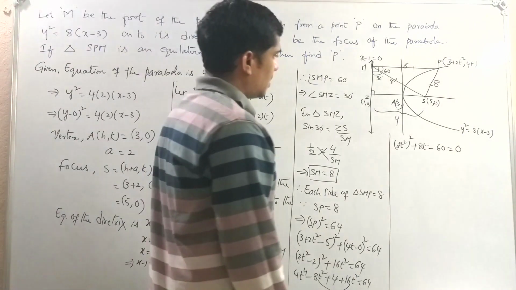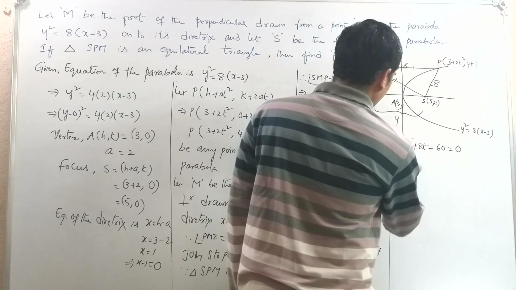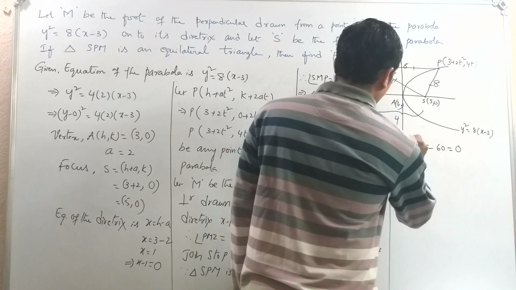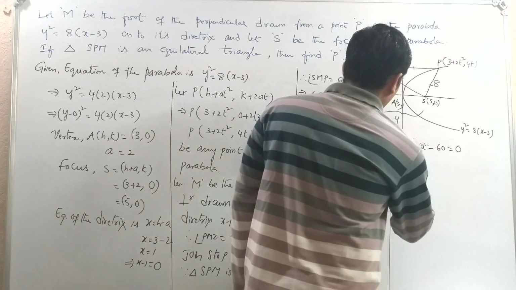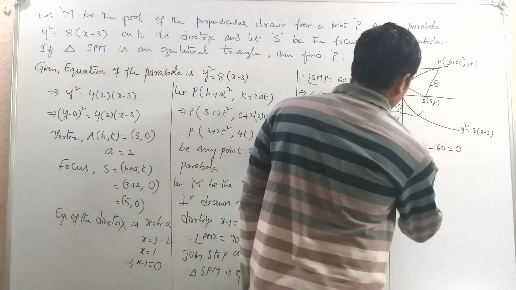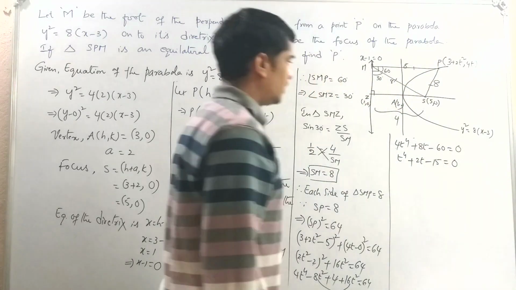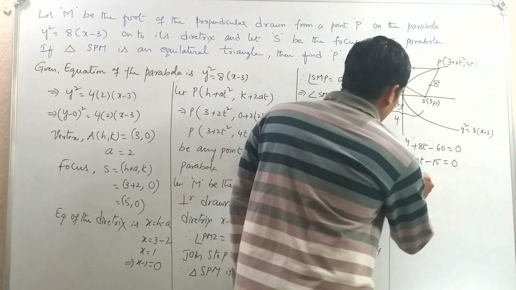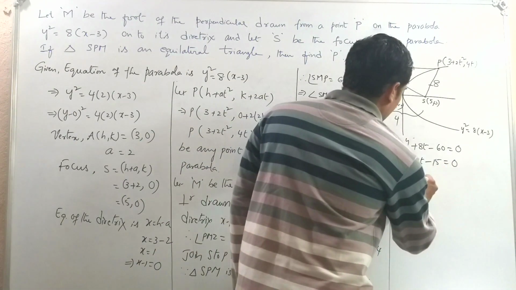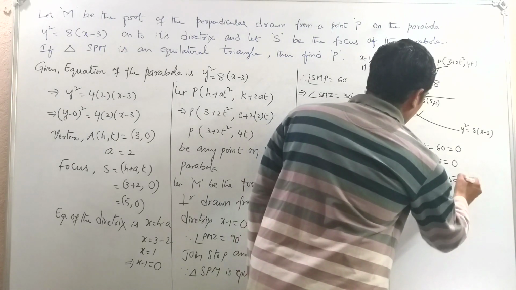So we have 4t power 4 plus 8t square minus 60 equal to 0. Then I will cancel 4, so it is t power 4 plus 2t square minus 15 equal to 0. Finally, this one I want to write as t power 4 plus 5t square minus 3t square minus 15 is equal to 0.